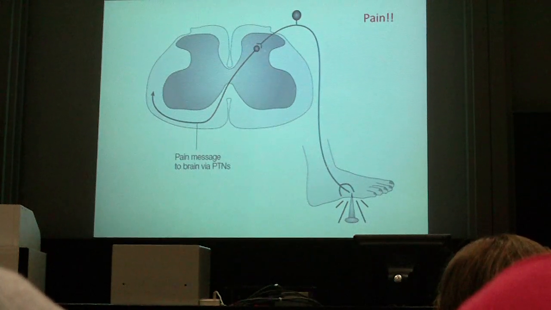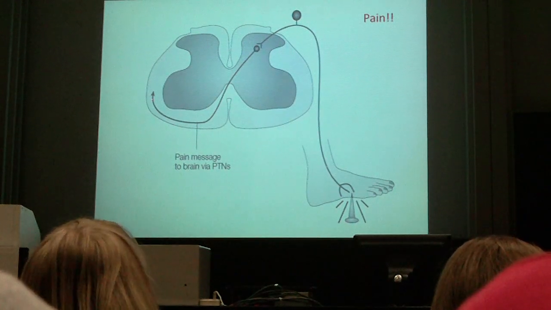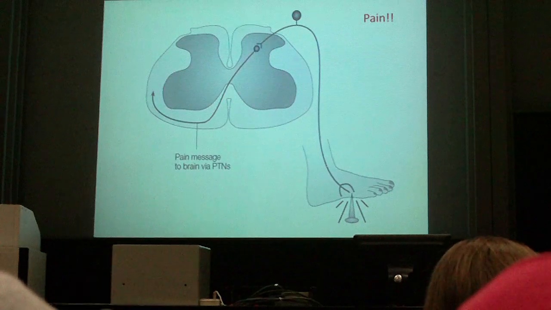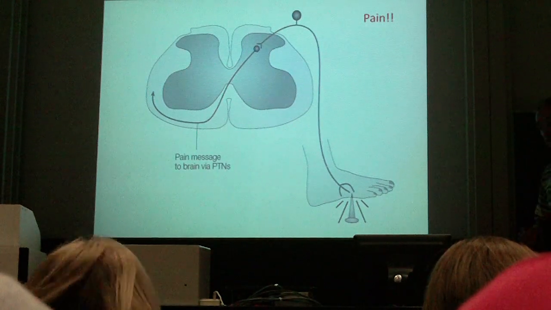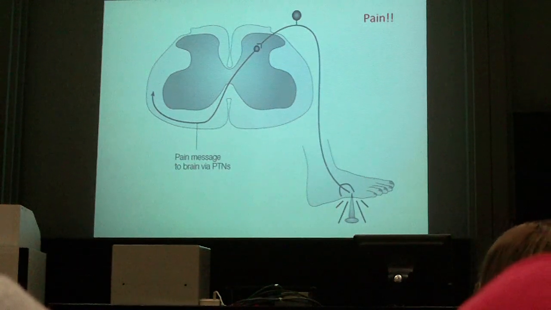There are pain neurons located, and these pain neurons further send the signal up to the brain. I will go into detail about the anatomy of the, let's say, the supraspinal projections. But let's first start with what happens here.